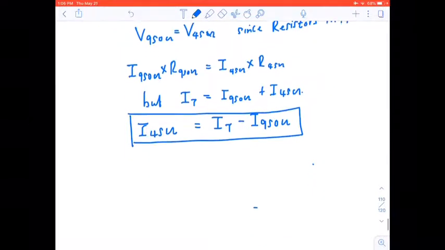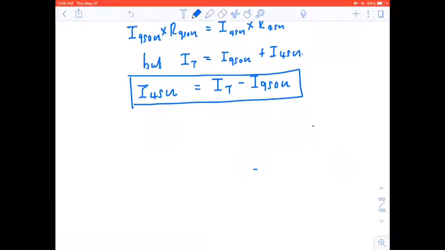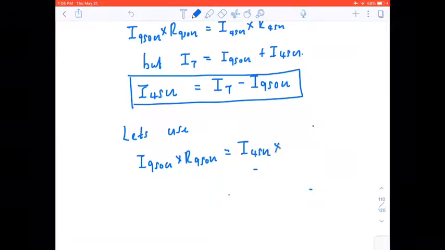Alright, why am I doing that? Essentially because now we've got I 950 ohms times R 950 ohms is equal to I in the 45 ohms times R 45 ohms.